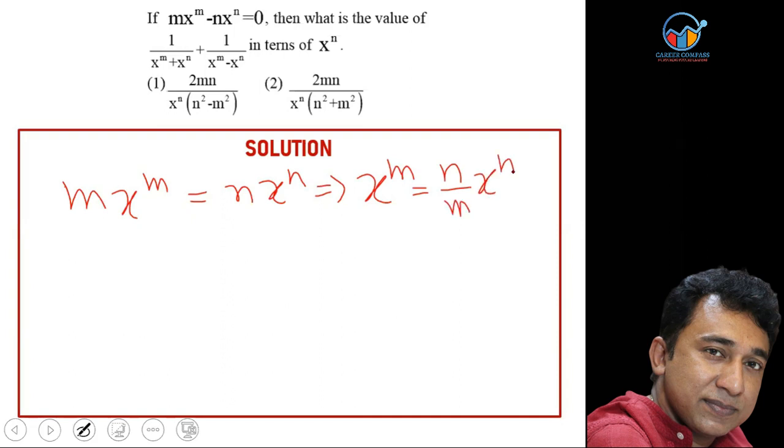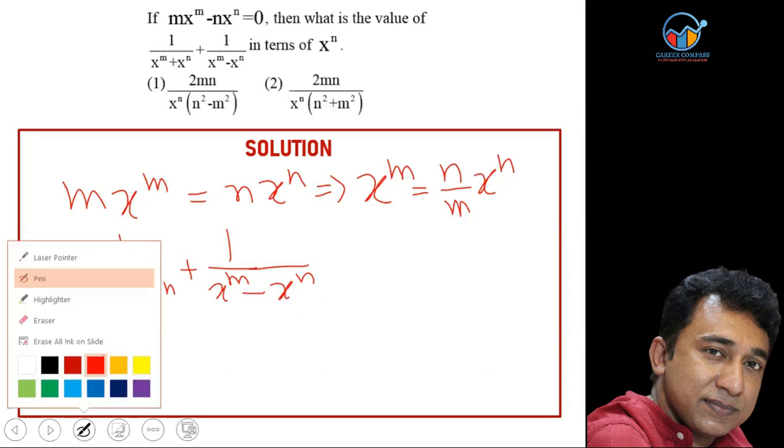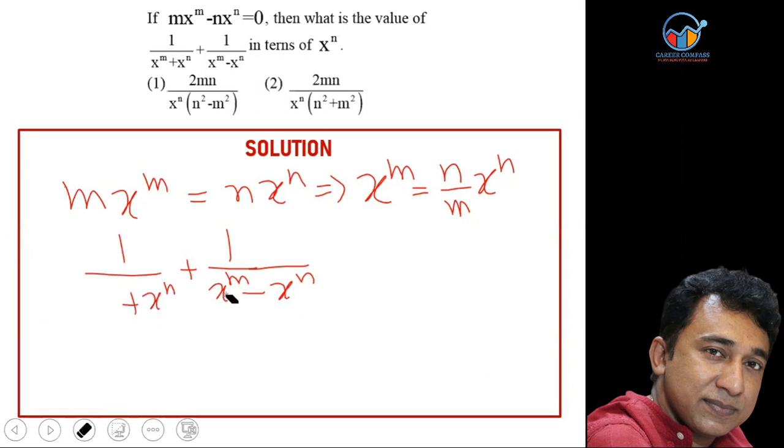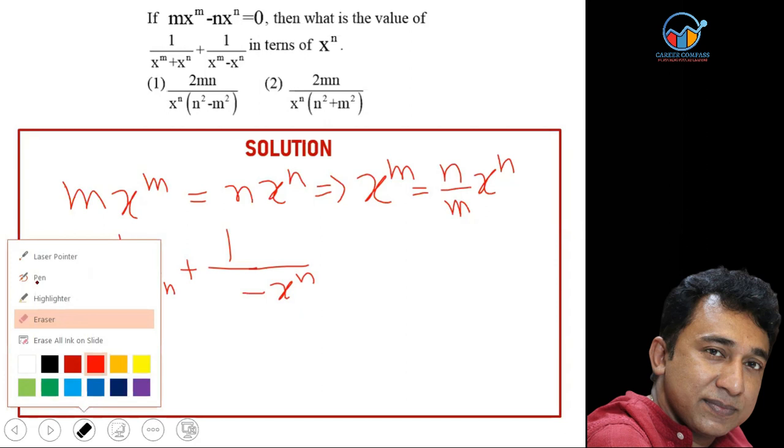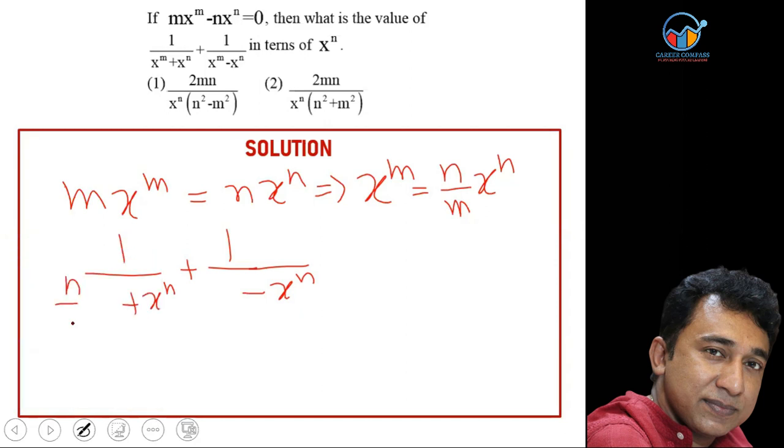So first of all, if you look at the basic relation between the variables, it looks like this. So I have to express everything in terms of x to the power n. So definitely the first thing that you should do is to express x to the power m in the form of x to the power n. Now, if I look at the expression that we have, so let me replace x to the power m by what we got. So then, definitely you can take x to the power n common.